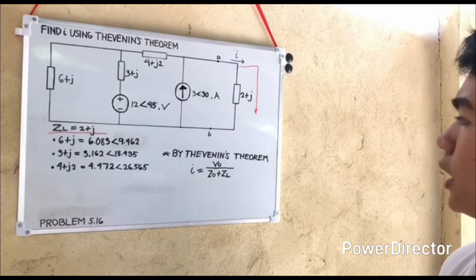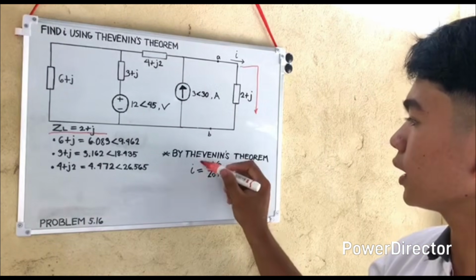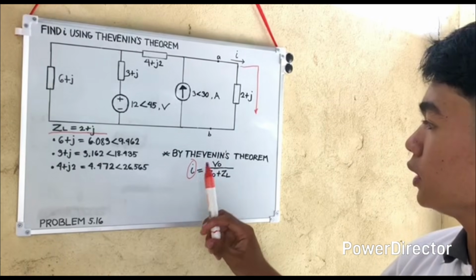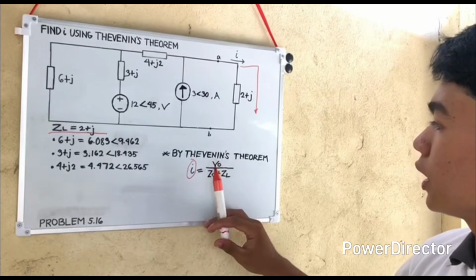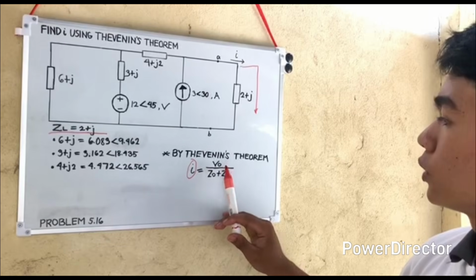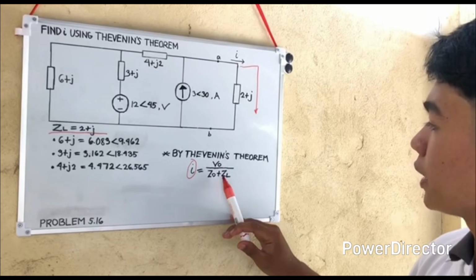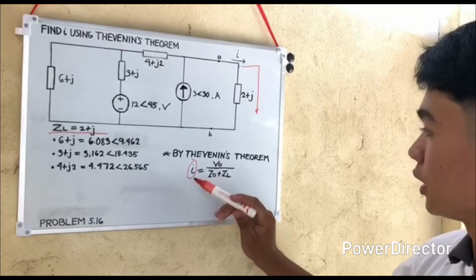With Thevenin's theorem, we can get I. The formula in Thevenin's theorem for getting I is I equals V sub O over Z of O plus Z of L.